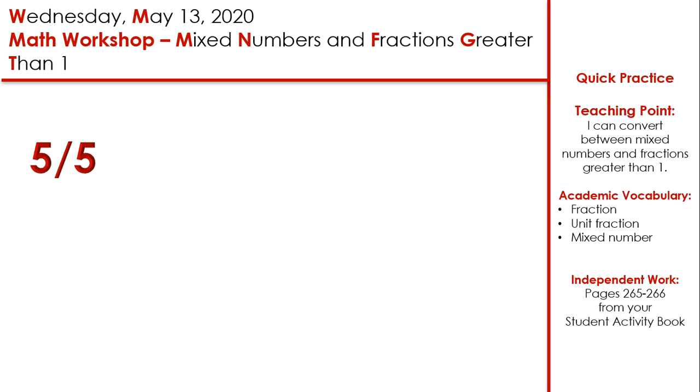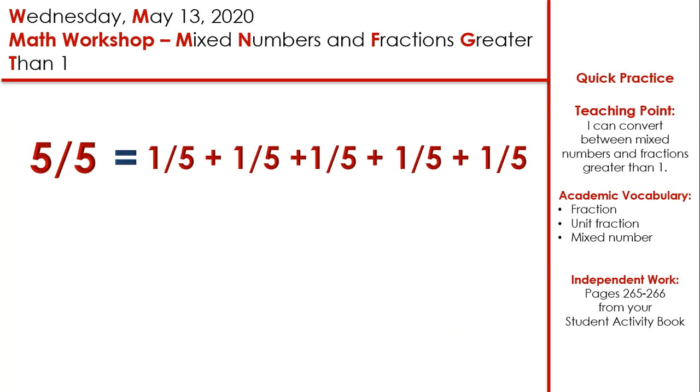All right, we have seen different ways to represent values that are equal to 1 as fractions. This one here, 5/5, can be expressed as an addition of unit fractions. We already saw that when we add fractions with like denominators, the denominator stays the same, and the only thing that we add are the numerators.